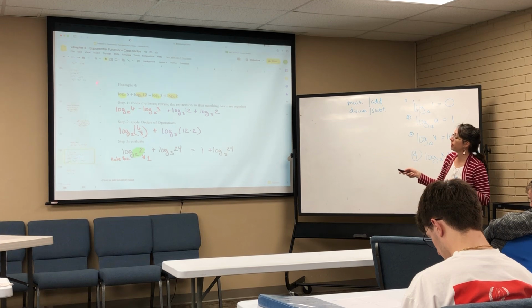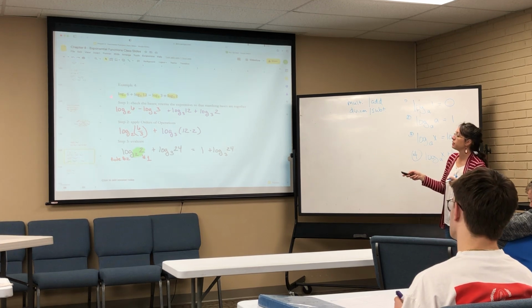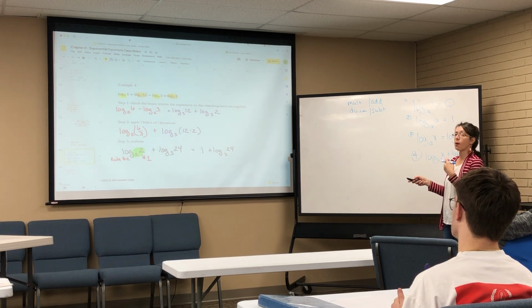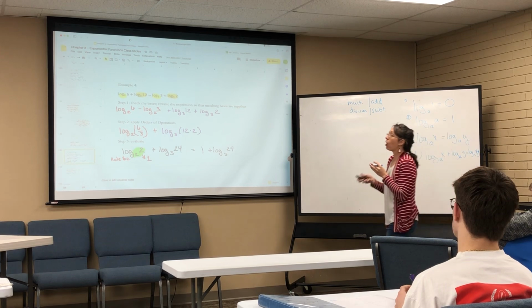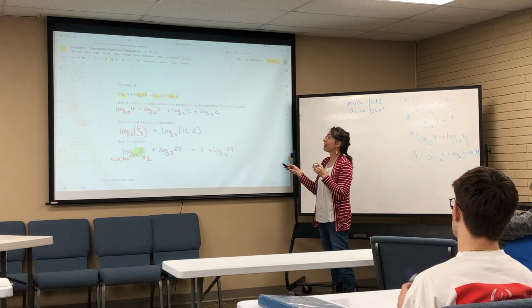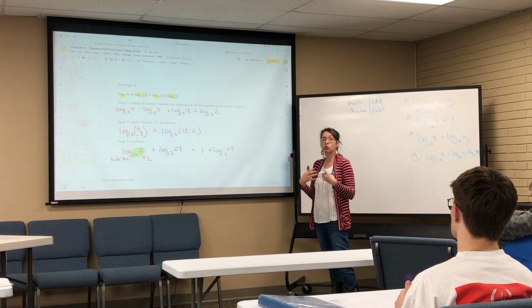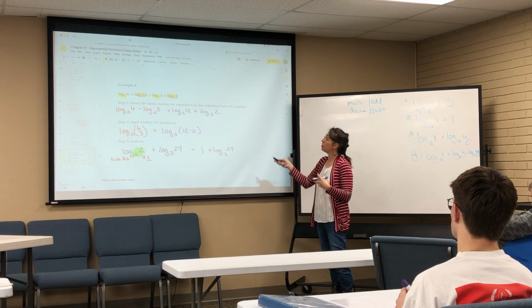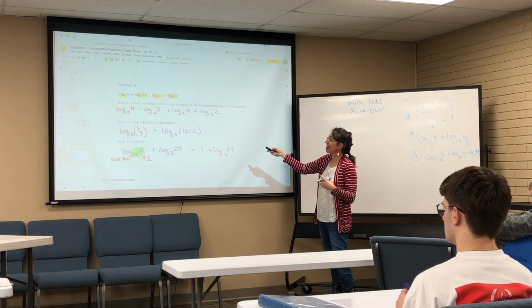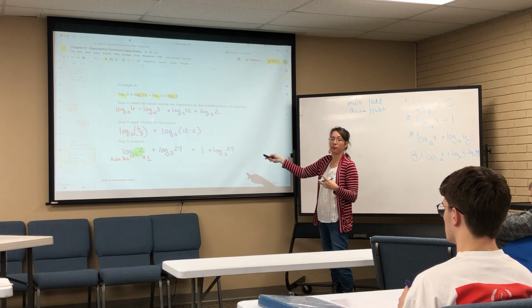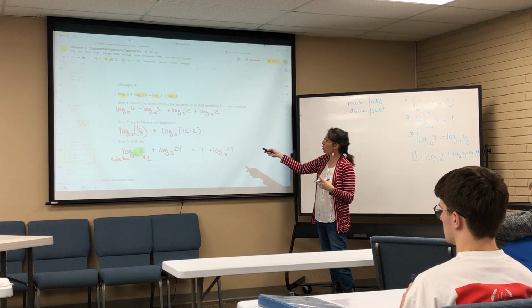Same thing on this one. Now you might be tempted to just start with order of operations and go left to right. But remember, we can only do things that are the same base. And we also have to make sure that that sign stays with that value. So when I move log 2 to the 3, this negative sign has to go with him. This is a whole section.